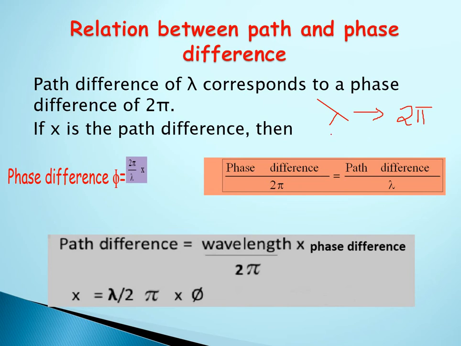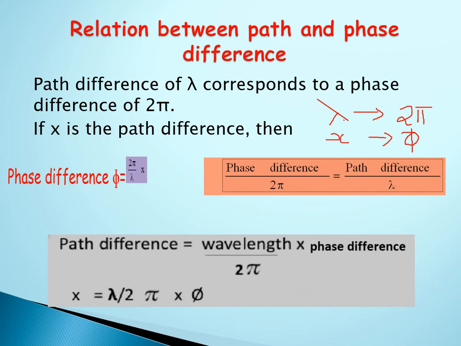What is phi? Our phase difference. What is x? Our path difference. How are they related?